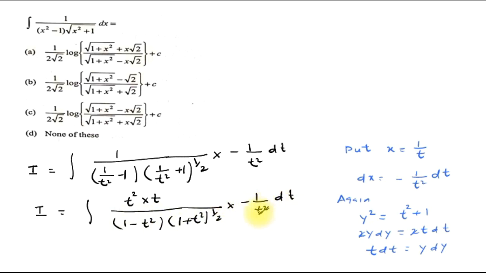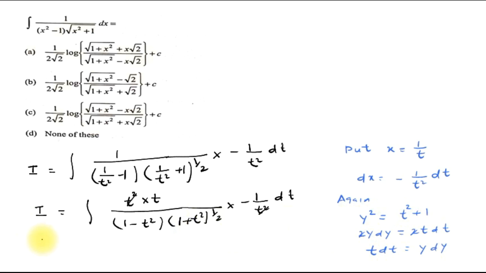See, t square cancels out and the above expression becomes, if we put y square is equal to t square plus 1, that is 1 plus t square is equal to y square, then here we see that t dt is equal to y dy.